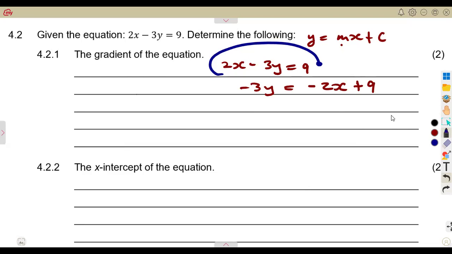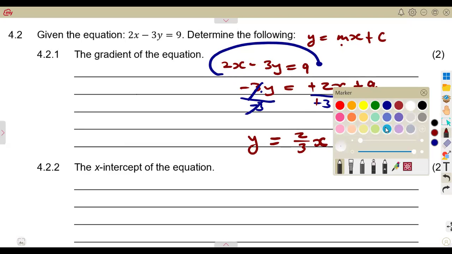We want to have y is equal. What is disturbing y this time? It's the -3. You remove that by dividing, since it's a product, divide by -3, by -3. That's y in that case. So y is equal to 2 over 3x, and 9 divided by -3 is -3.